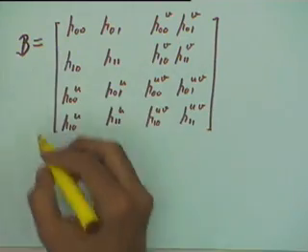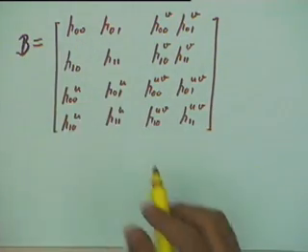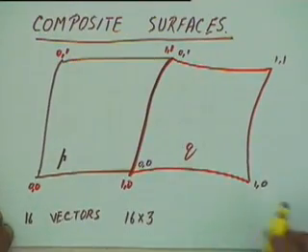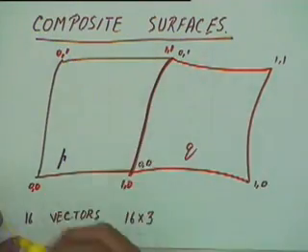This is the input matrix for this P surface, the first surface that I have made.